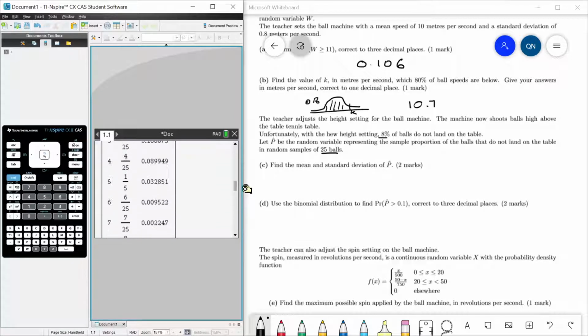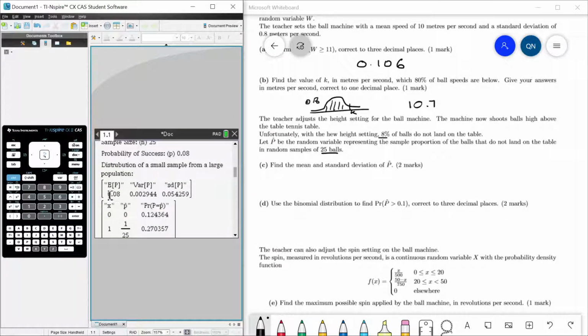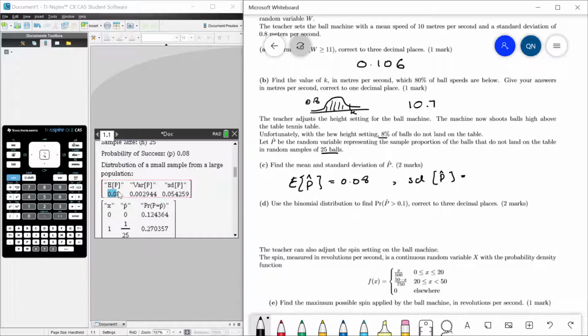We're after the mean and standard deviation. So the mean, E of P hat, is 0.08, and the standard deviation of P hat is 0.054.